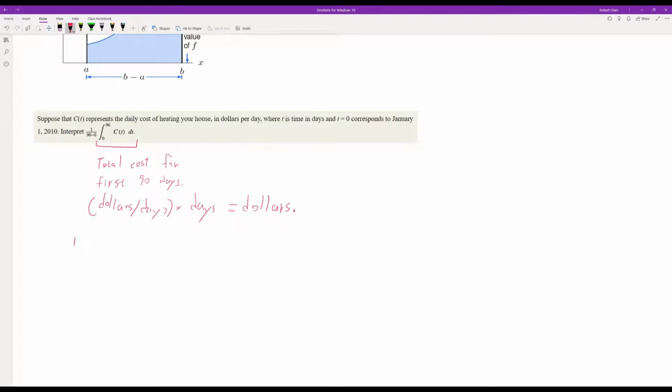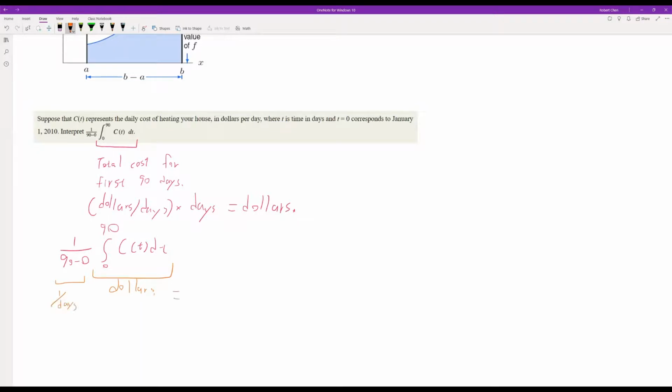Now, if you add in the 1 over 90 minus 0, so this definite integral is in terms of dollars, and the 1 over 90 is in terms of 1 over days.